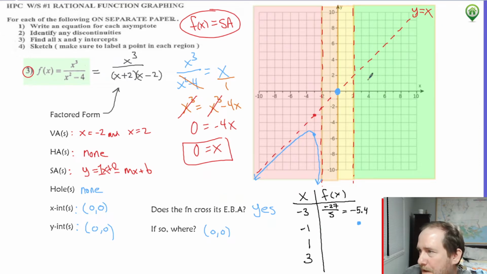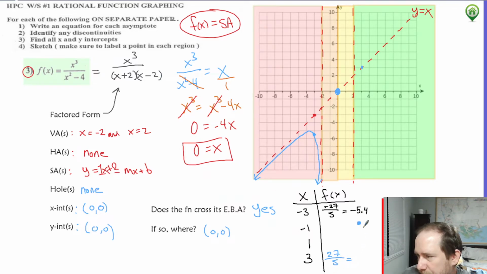Let's find out. At +3, the asymptote is 3. So if I plug in 3 and get a value less than 3, then my branch lives entirely below these asymptotes. But if I plug in 3 and get a value greater than 3, then I would live entirely above. And if I plug in 3, I'm going to get the same thing I got over here, but positive. So plugging in 3 gives me 3 cubed, 27, and in the denominator, I get 5 times 1, which is 5.